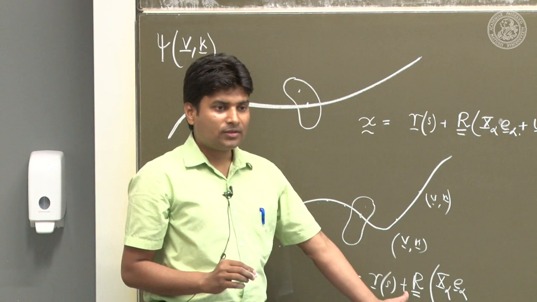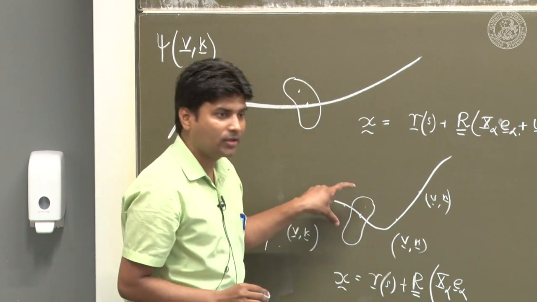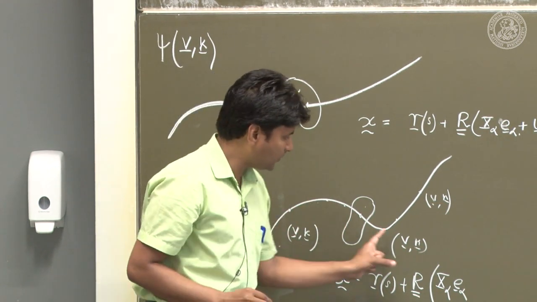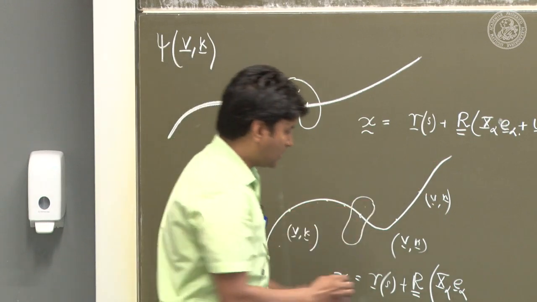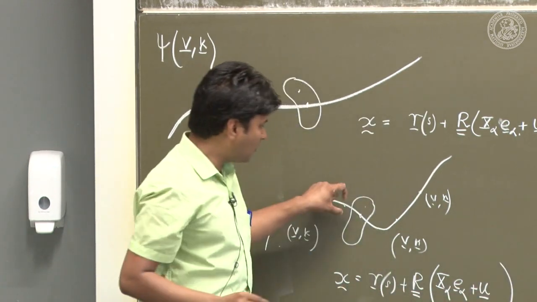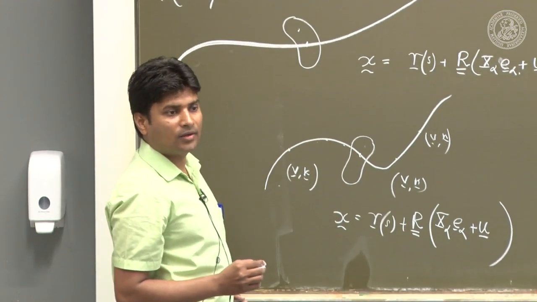So, this part is the one with constrained cross section, but having same v and k, and then you add to it your extra warping of the cross section. Okay.